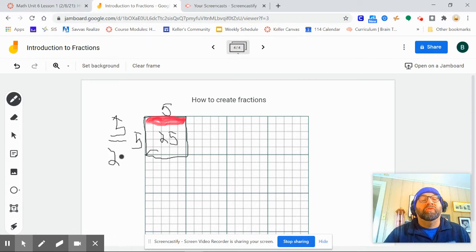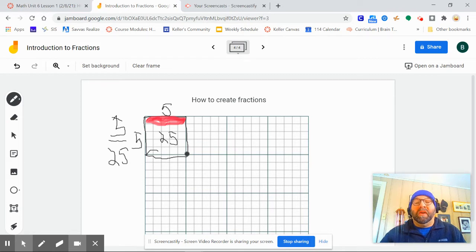The numerator shows how many parts are colored in, and the denominator shows how many total parts are in our fraction. We can create fractions this way, and this is primarily what we're going to focus on for the first few weeks of our fractions until we get really good at this.